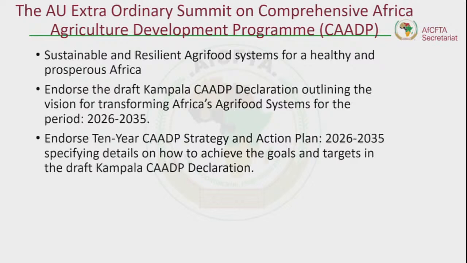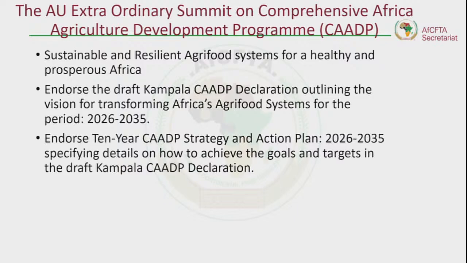But before I conclude, I wanted to come back to the big event that happened in Uganda last week. All roads led to Uganda, where we had the AU extraordinary summit on the Comprehensive Africa Agriculture Development Program, CAADP. The summit was held under the theme, Sustainable and Resilient Agri-Food Systems for a Healthy and Prosperous Africa.